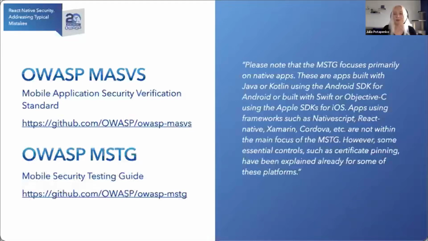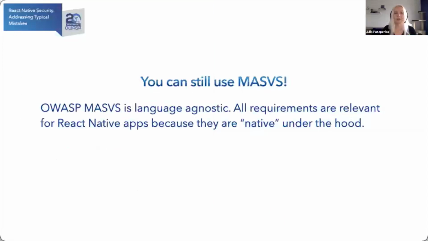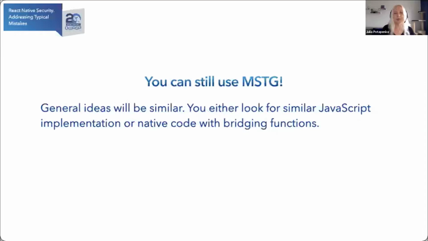But the good news is that you can still use MASVS because it is language agnostic. It is almost platform agnostic. All requirements are relevant for React Native applications because, right, React Native applications are like native under the hood. And you can still use MASTG because the general ideas of the test cases are still similar.